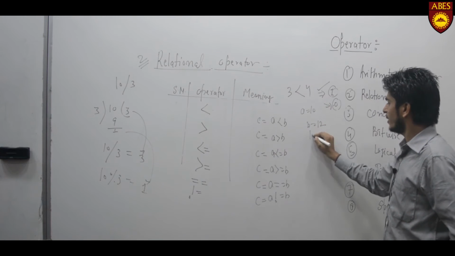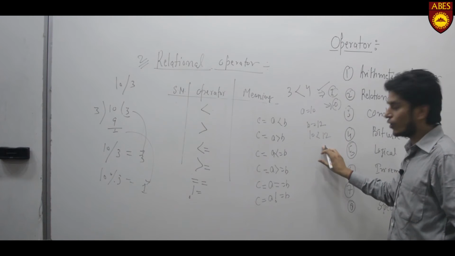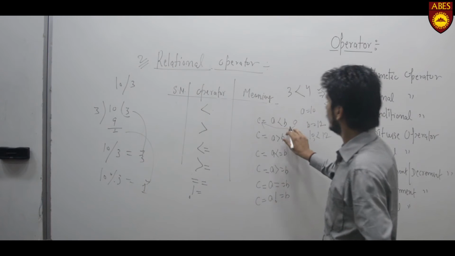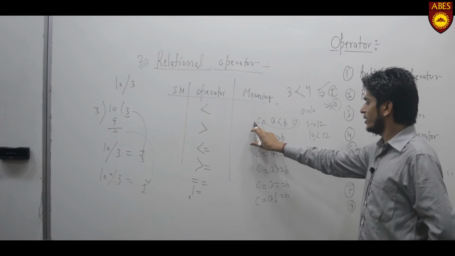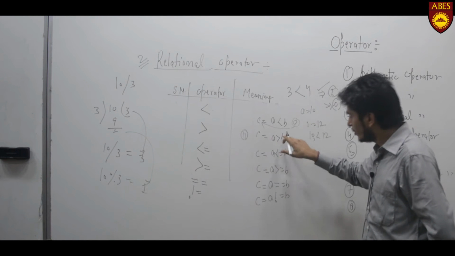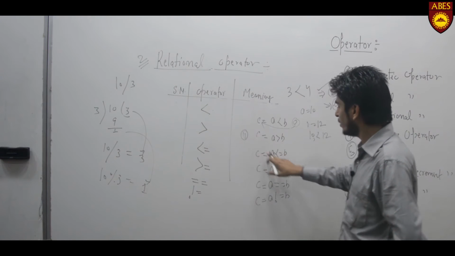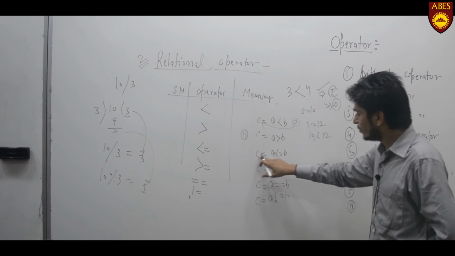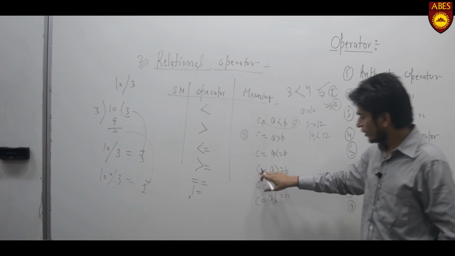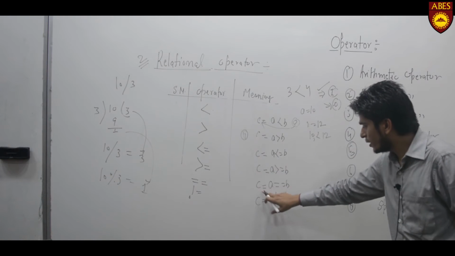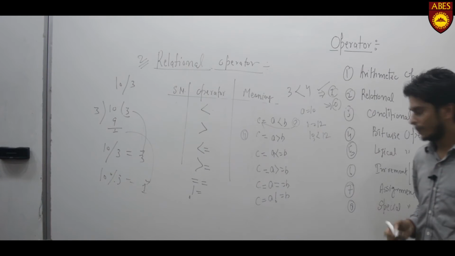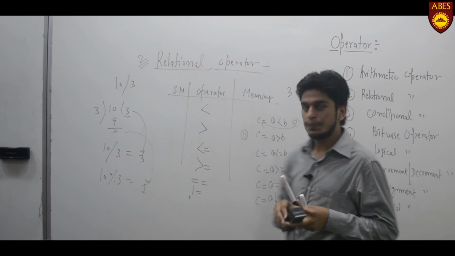If 10 is greater than or equal to 12, the condition is false, then gives the result 0, that means 0 is assigned to C. In the second case, the condition is true, then the value of C is 1. In the third case, the value of C is 0. In the fourth case, the value of C is 1. In the fifth case, the value of C is 0. In the last case, the value of C is 0.